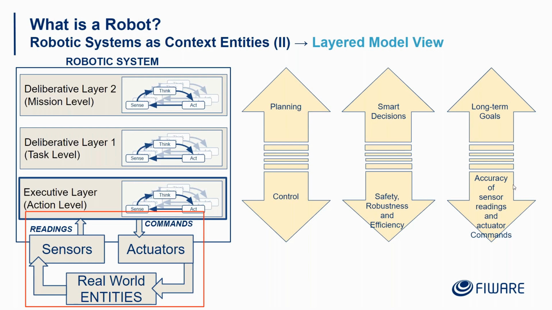The executive layer overlaps with the critical control loop and focuses on control, on ensuring the safety, robustness, and efficiency in the control of robot actuators, and in general deals with sensor readings and actuator commands.